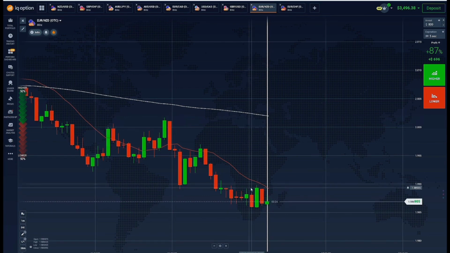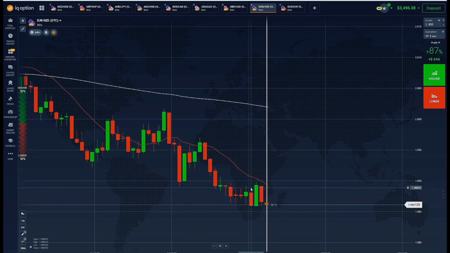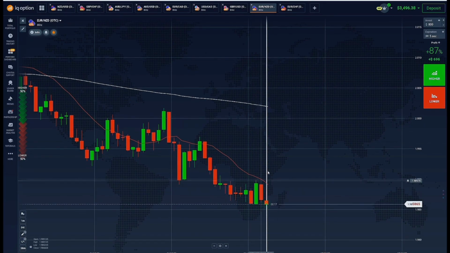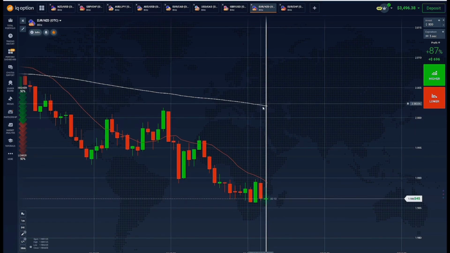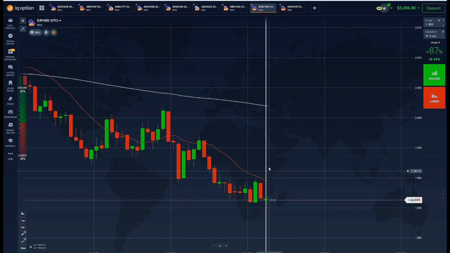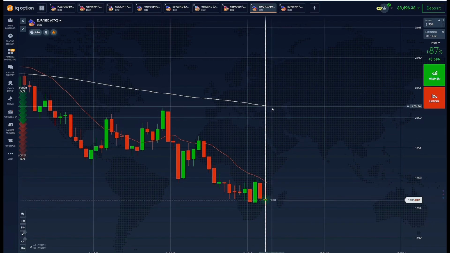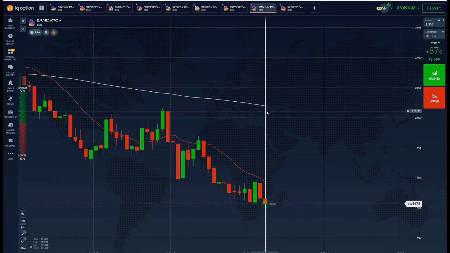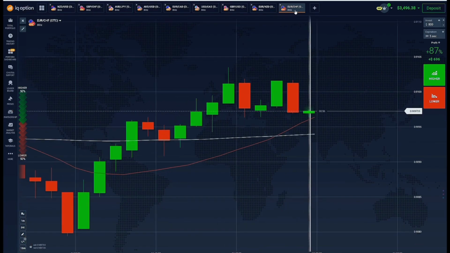Definitely in this market we have more chances of winning a selling trade than a buying trade. But because of this distance, we might see a retracement any moment from now. Our confidence level in this trade is probably around 60 to 70%. So we'll look at another pair.